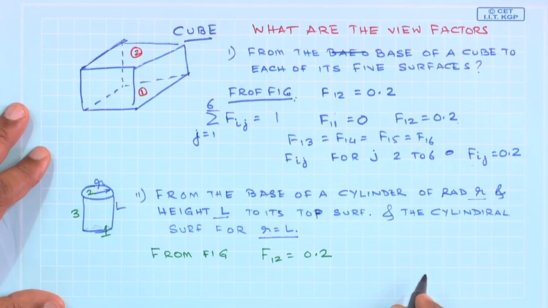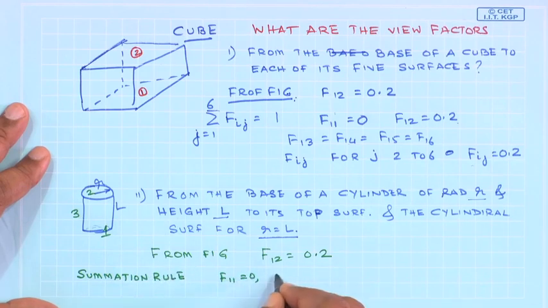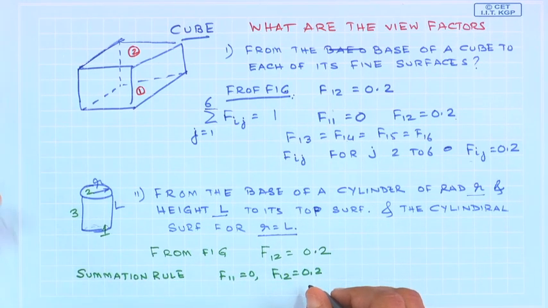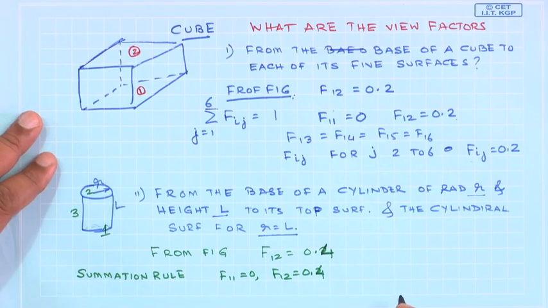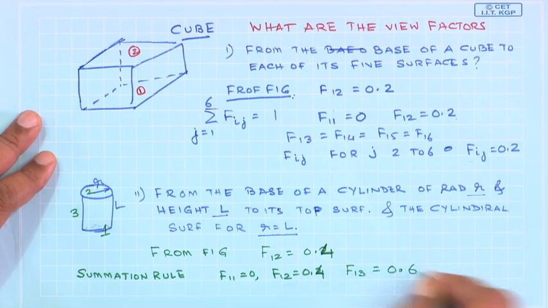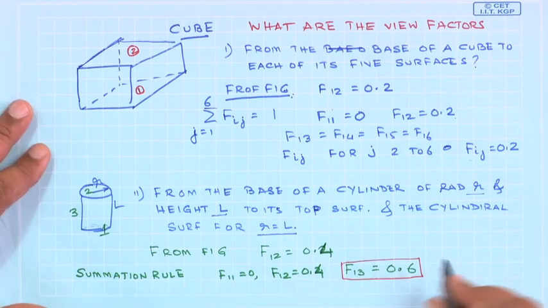So, F12 is 0.2, and then I invoke the summation rule, which says F11 is 0, F12 is equal to 0.2, and therefore F13 must be equal to 0.6. Sorry, F11 plus F12 is 0.4, and therefore F13 must be equal to 0.6. So, this is definitely the value that we are looking for.